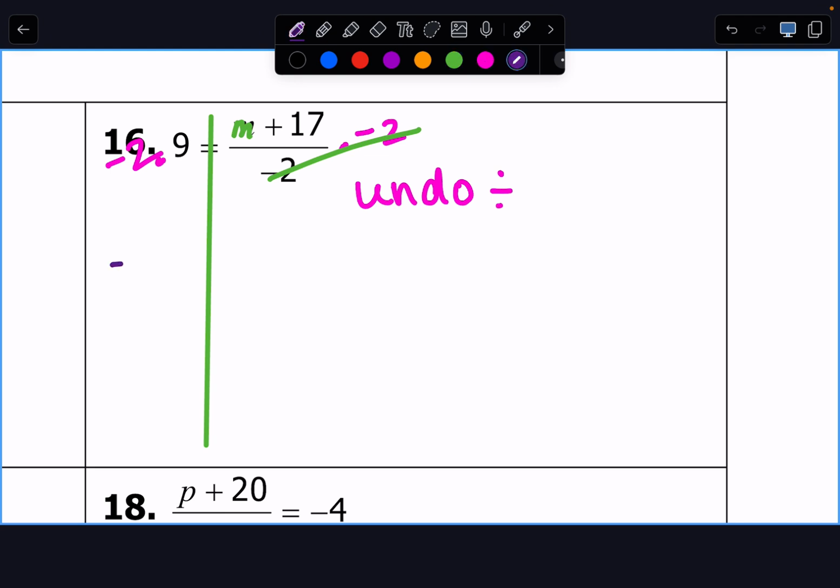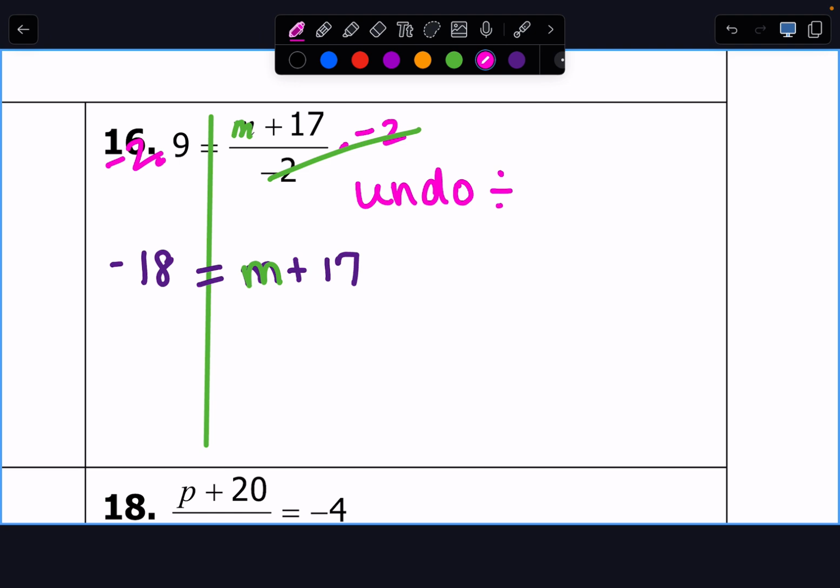Negative 18 equals m plus 17. Here's our m. Okay. Carly, what operation do we need to undo now? What's that operation?